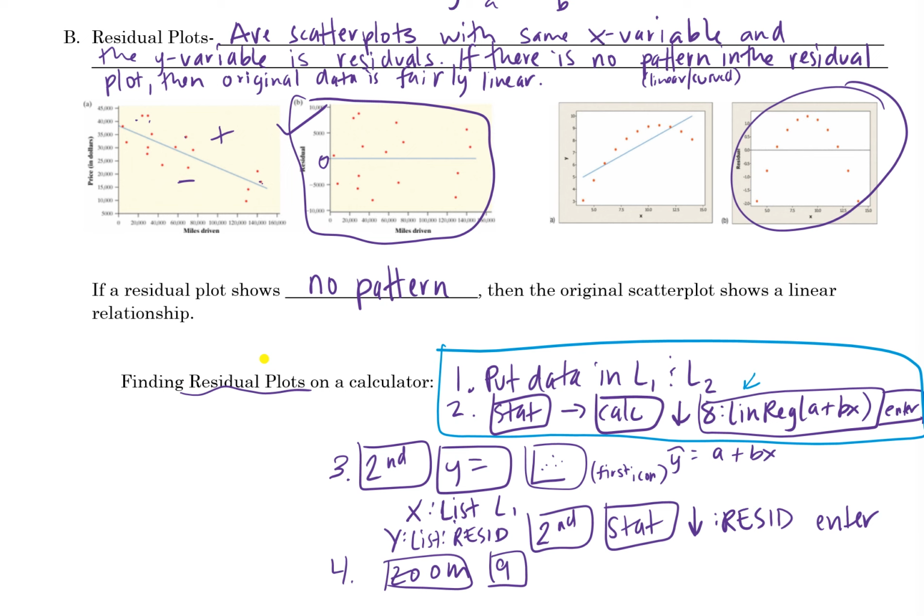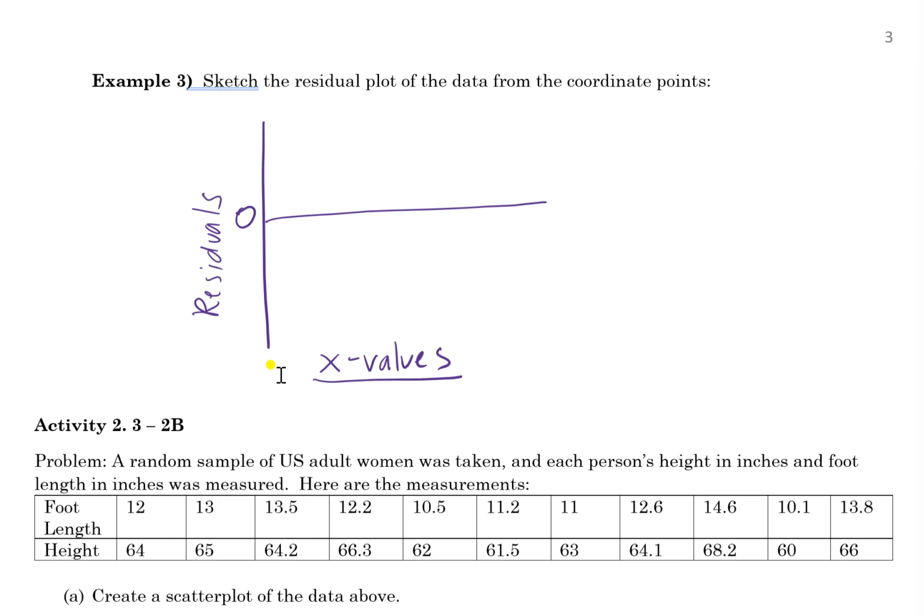So what does it mean to have a point with a residual of 0? What does that mean? Yep. It means that the point itself actually does lie directly on the line. So if it has a residual of 0, that means that point is exactly where you would predict it to be. Okay?